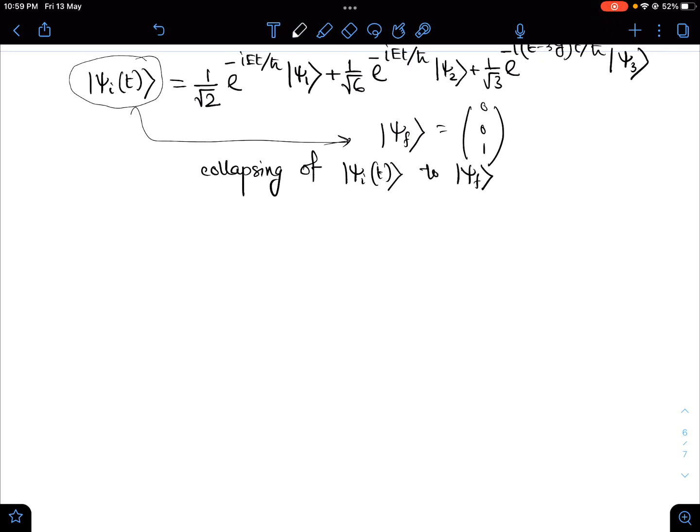So what is the probability? The probability will be the mod value squared of psi f with psi I at time t. So let us do this calculation.